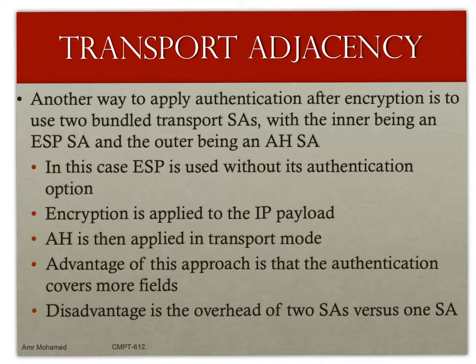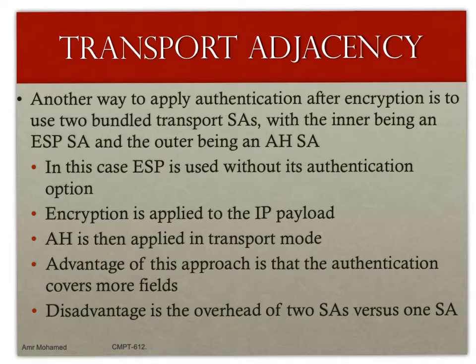This security association can be bundled between ESP and AH. We can, for example, use ESP for encryption and ESP also for authentication, or we can use ESP for encryption and AH for authentication. So we can use two bundled transport security associations.